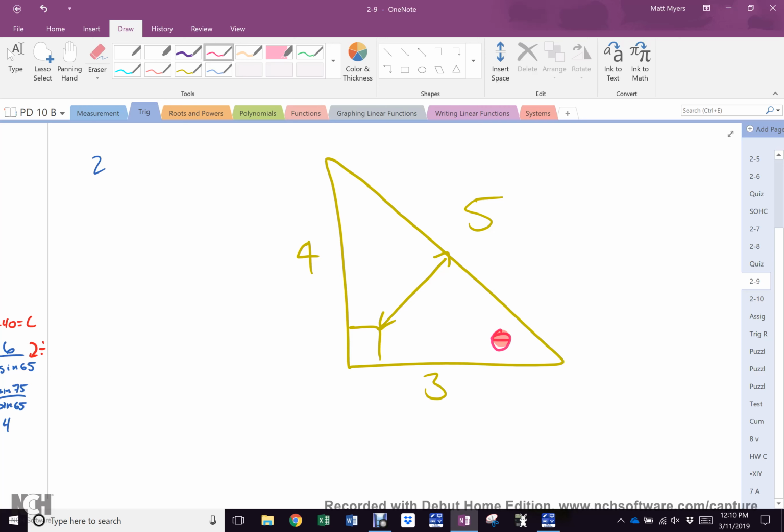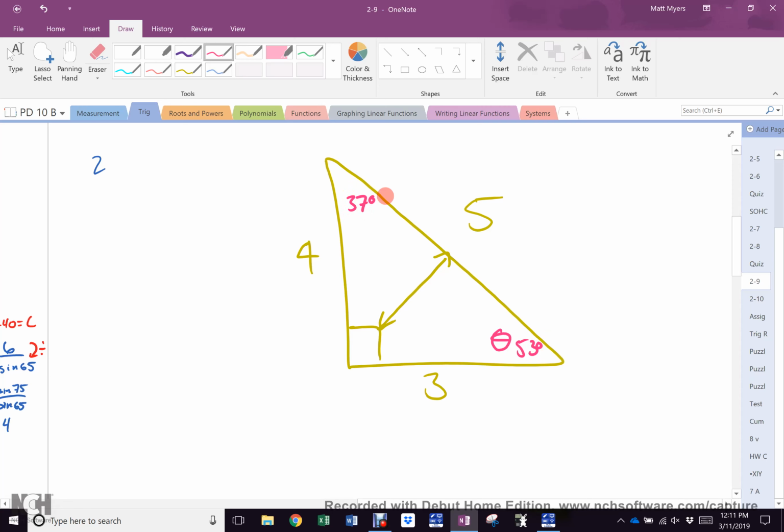This should not be taking this long. 53. All right. Now, do I automatically know the other angle now? What is it? 37.